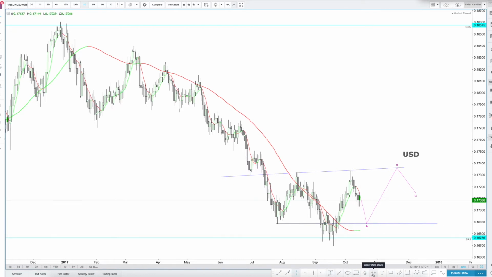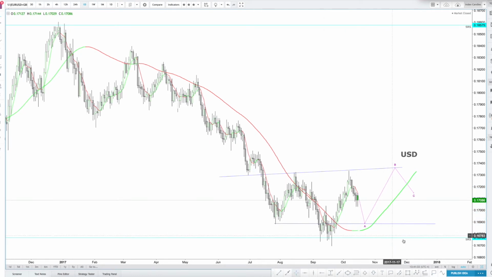Where's my drawing? Did I remove it? Get a brush in here. So then this moving average could possibly turn like this, the longer term. And so it will look like this. Okay, so that is the idea.